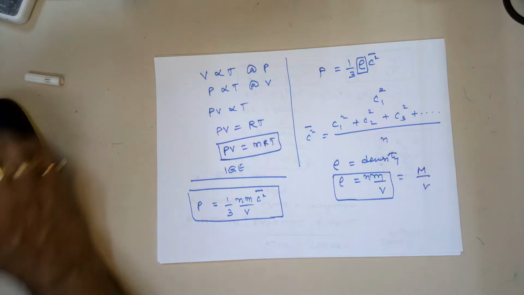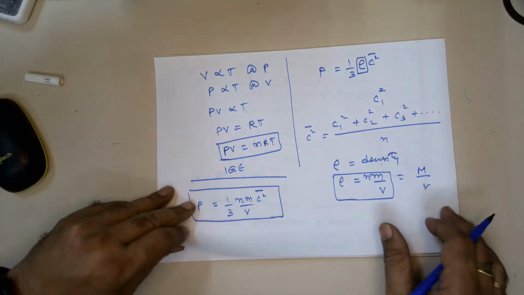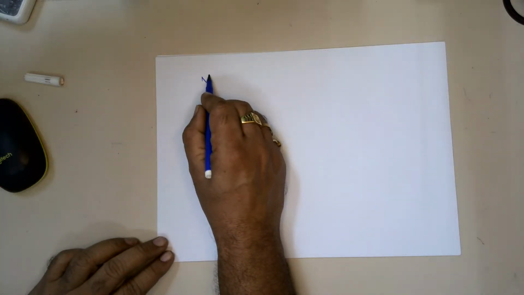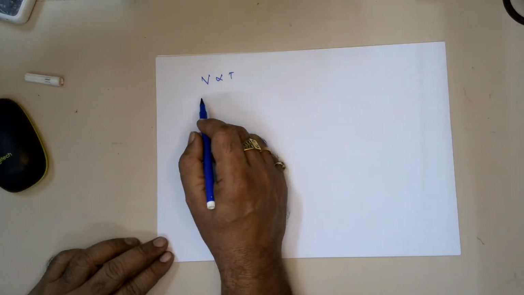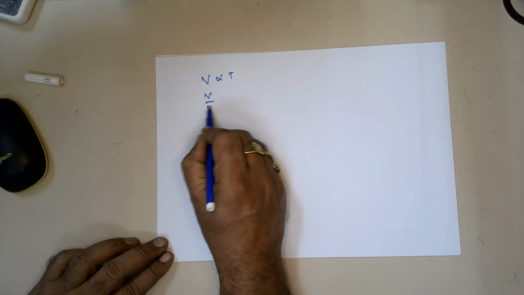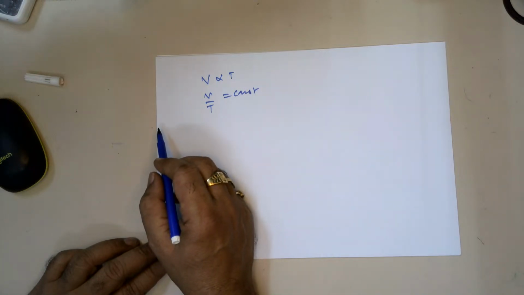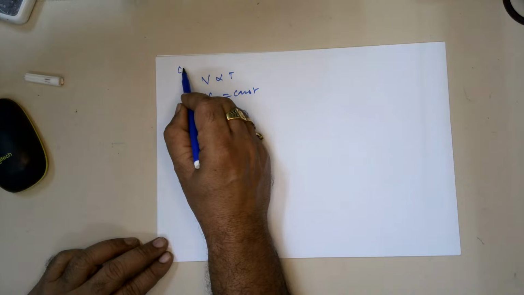Then let us consider Gay-Lussac's law, or the pressure law also. Charles' law stated V is proportional to T. It means V by T is equal to constant according to Charles' law.